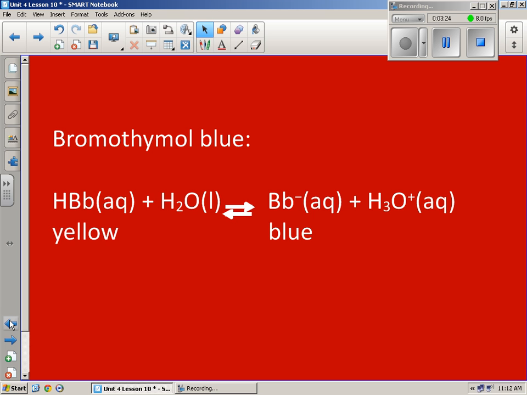Now, if I put acid into here, now I'd have to use a lot of this, so that's why I'm going to do kind of the opposite here, all right? This is the one I'm interested in, this one right here, okay? What this has in it is HBB with water to give me BB minus and H3O plus. If I put acid into this equilibrium system, it spikes up the H3O plus in that equilibrium system. Look right here.